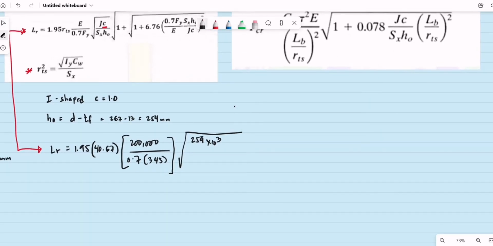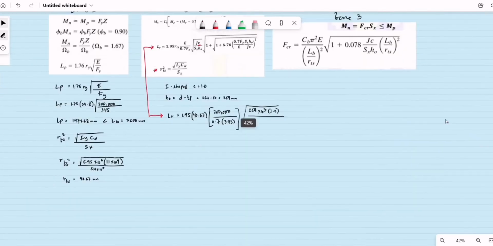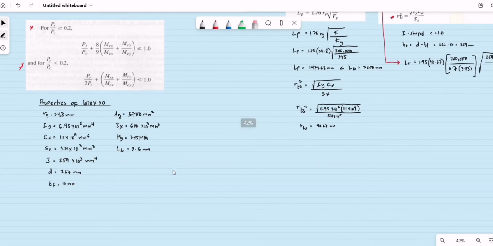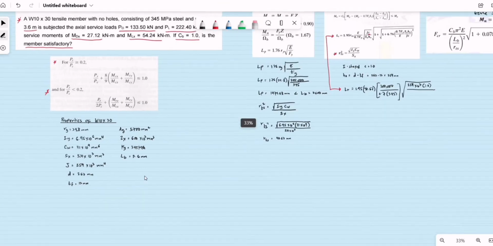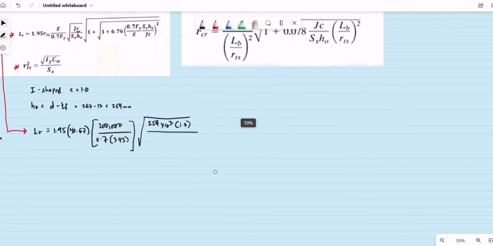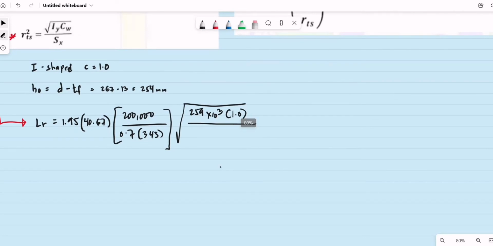And then again, the value of C is simply 1.0 for symmetrical I-shaped section. Then divided by the section modulus with respect to the x-axis, which is 531 times 10 raised to 3.